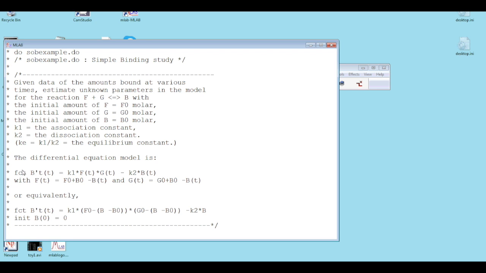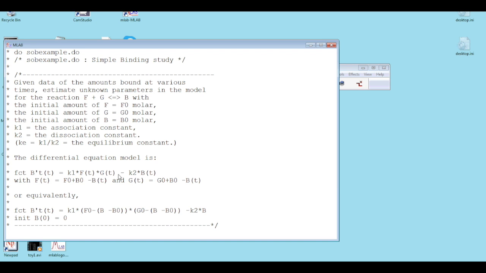Now, the differential equation model that describes the reaction F plus G goes to B and back again is this. It is the rate of change of B with respect to time. We write that B prime t. That's the derivative of B with respect to t. B is a function that says how much B there is at time t. But we don't know what the B function is here. We just know its derivative. And its derivative is K1, that association constant, times the amount of F at time t, times the amount of G at time t.